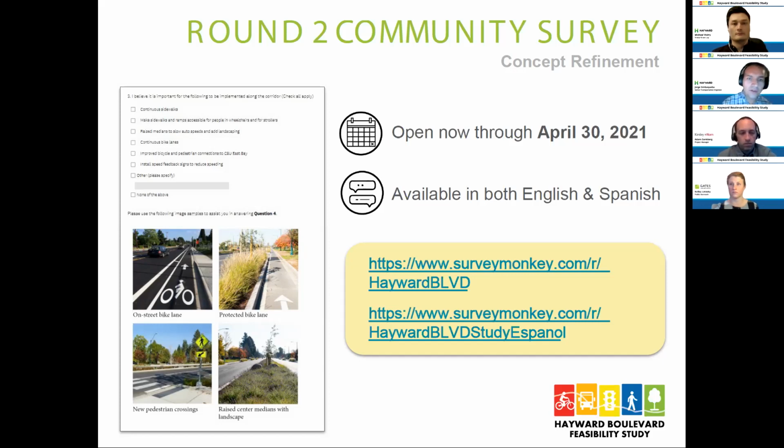So I'll kick this one off. There hasn't been a specific analysis to estimate the number of folks that will be using a new facility.